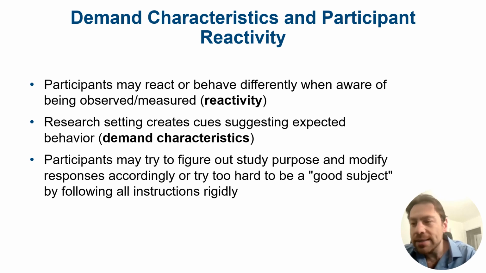And these are called demand characteristics. So for example, some participants may try to figure out the purpose of the study and adjust their behavior accordingly. They may try to be a good subject, for example, and produce behaviors that they think will make the experimenter happy.